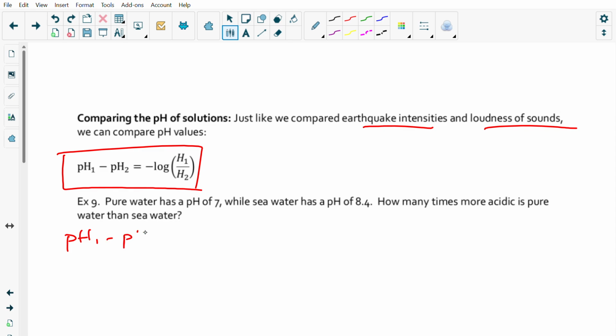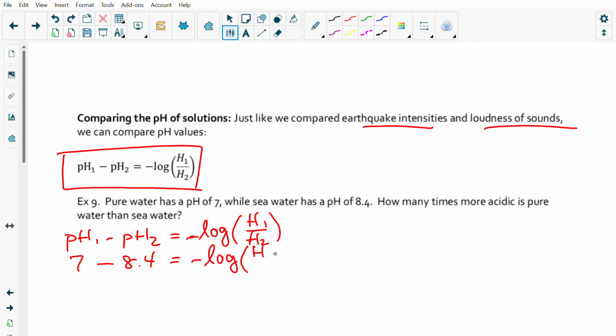pH 1 minus pH 2 equals negative log of H1 over H2. Okay, pH 1, 7 minus pH 2, 8.4 equals negative the log of H1 over H2. That's negative 1.4 equals negative the log of H1 over H2.